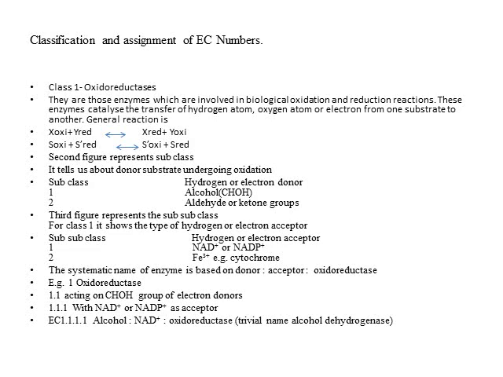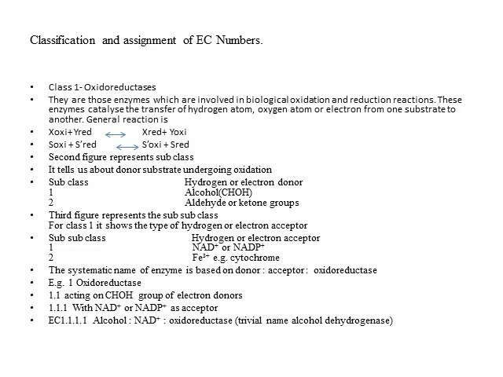The systematic name of the enzyme is based on donor:acceptor oxidoreductase. For example, class 1, oxidoreductases. 1.1 means acting on the CHOH group of electron donors. 1.1.1 means oxidoreductases acting on the CHOH group of electron donors with NAD plus or NADP plus as acceptor.